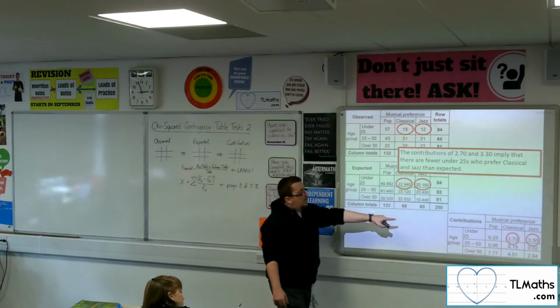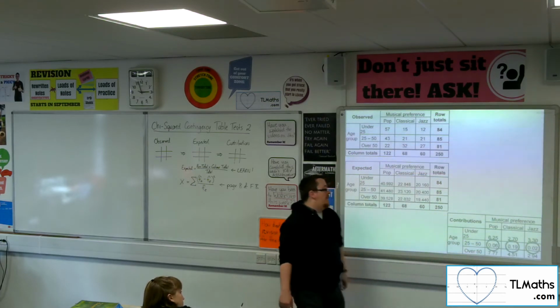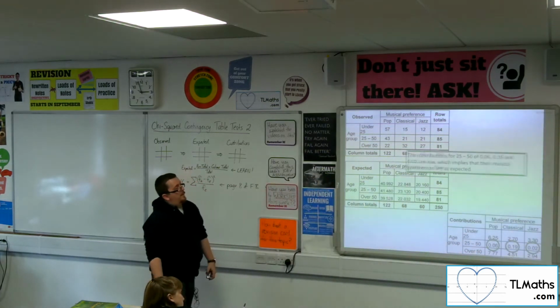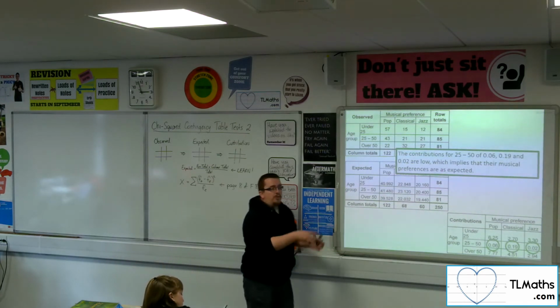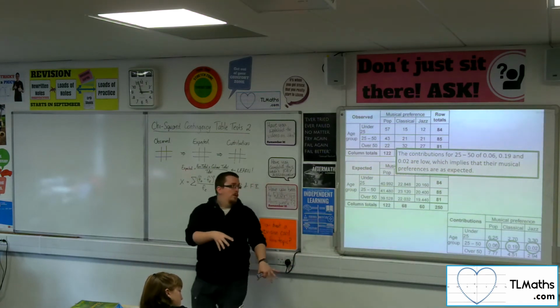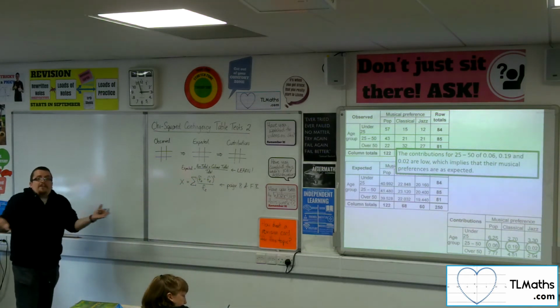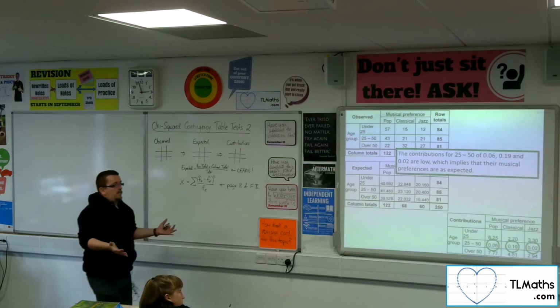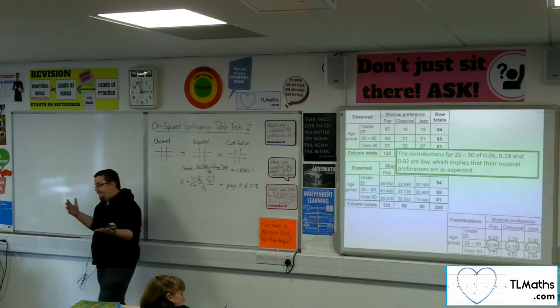The values that are quite close to 0 here for the 25 to 50 group, you could then say that because those contributions are low, that would imply that their musical preferences are as expected, if they were independent of one another.